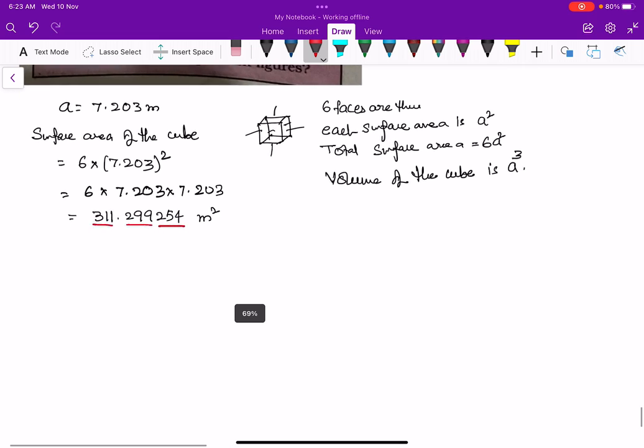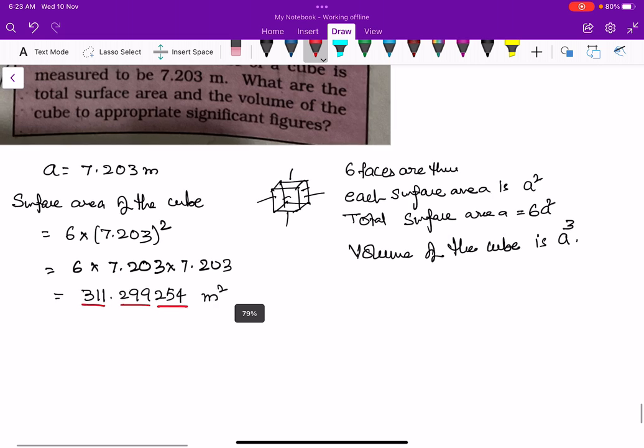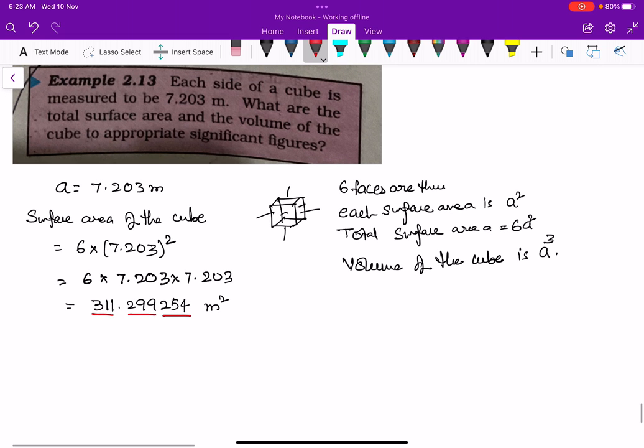Here the least significant figures is 4. We should write 4.